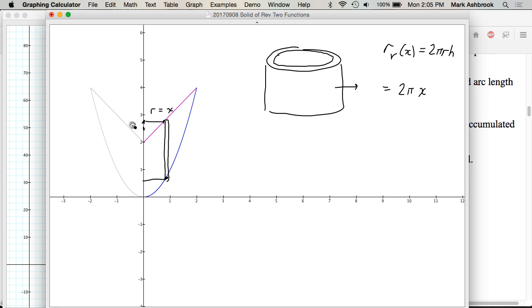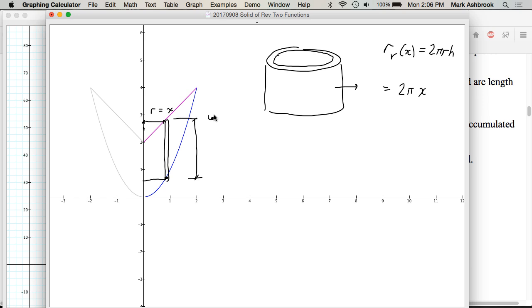What about the height? The height of the cylinder is from here to here. Is that a y coordinate, that distance? No, because it doesn't go down to the x-axis, right? If this was all the way down to the x-axis, then we have a y coordinate. But really what we have is kind of a large change in y, right?